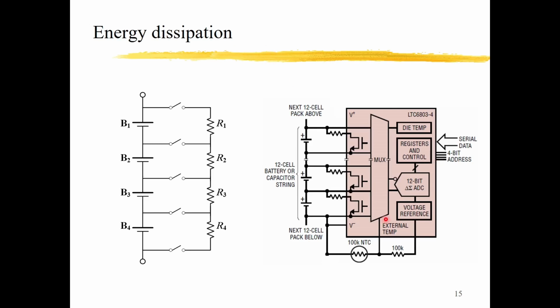And usually the BMS IC is equipped with its intrinsic switches. The BMS IC itself can turn on the switch here and dissipate the energy from the cell, and it can control which one to activate. So, as I said, it is very popular. It is very effective.